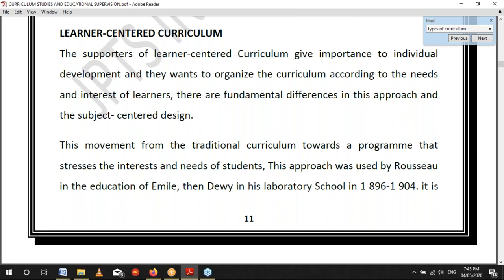This type of curriculum gives importance to individual development and wants to organize curriculum to achieve the needs and interests of the learners.